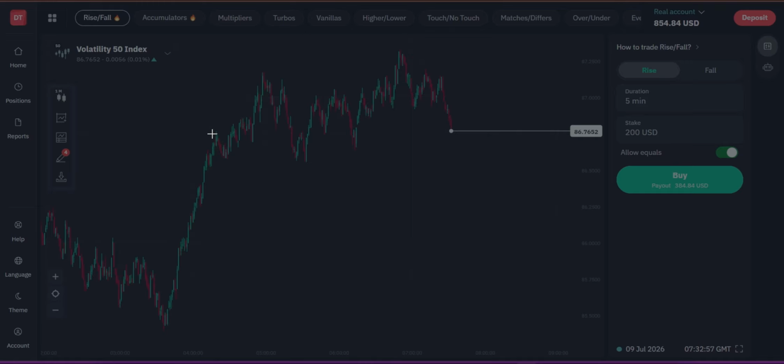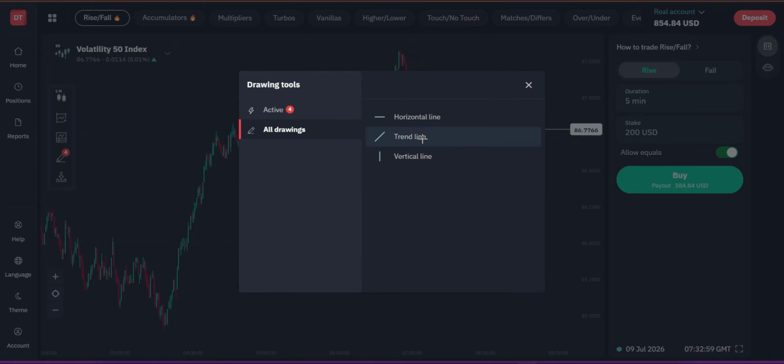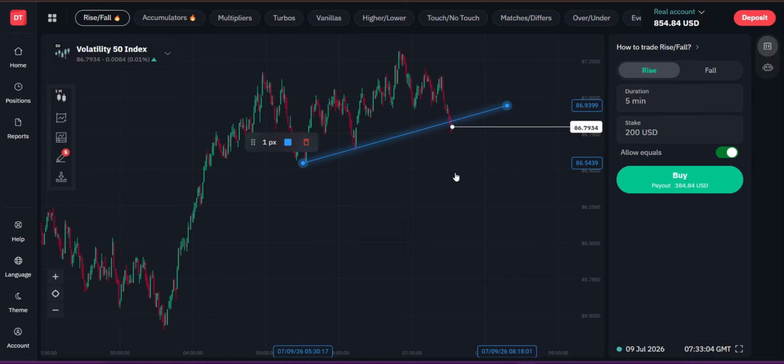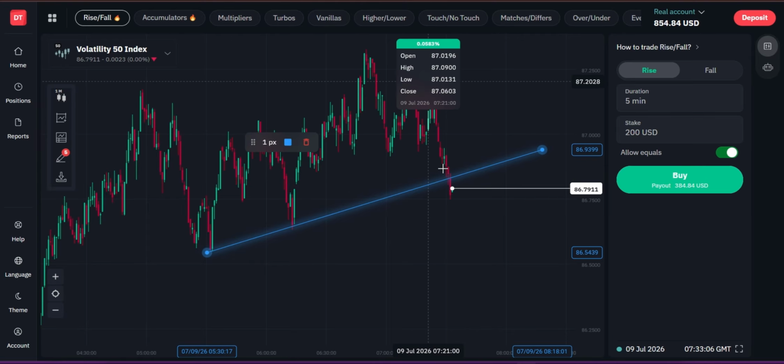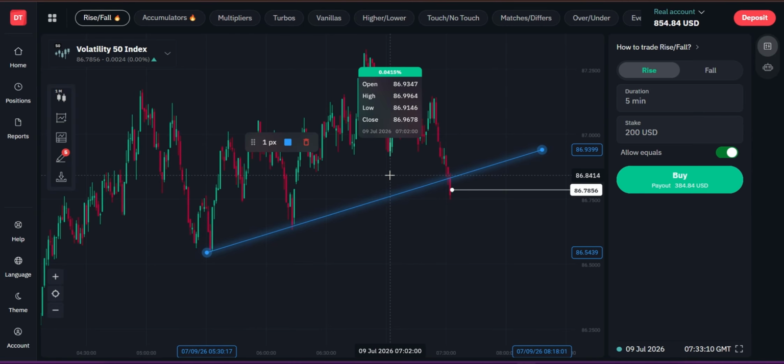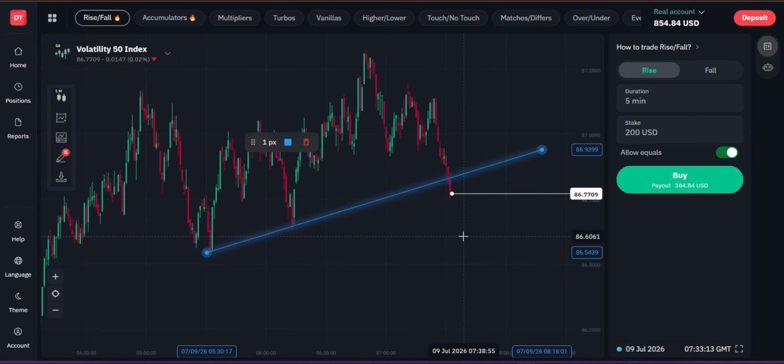As you can see, I have $854 in my account and currently I'm with 50 index and there is a massive breakout in the downside, right? There is a massive breakout in the downside and I'm right.